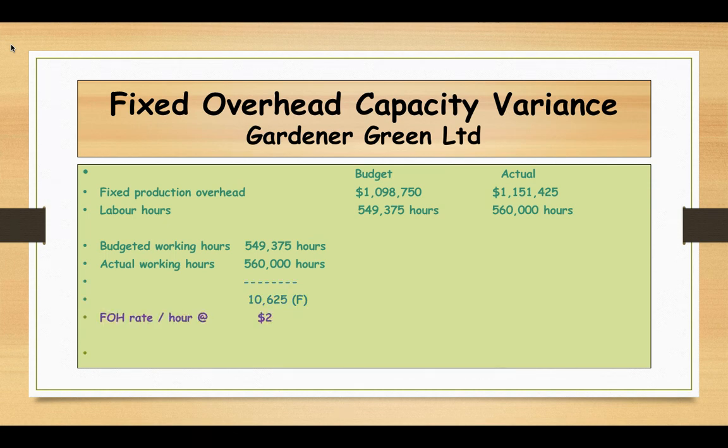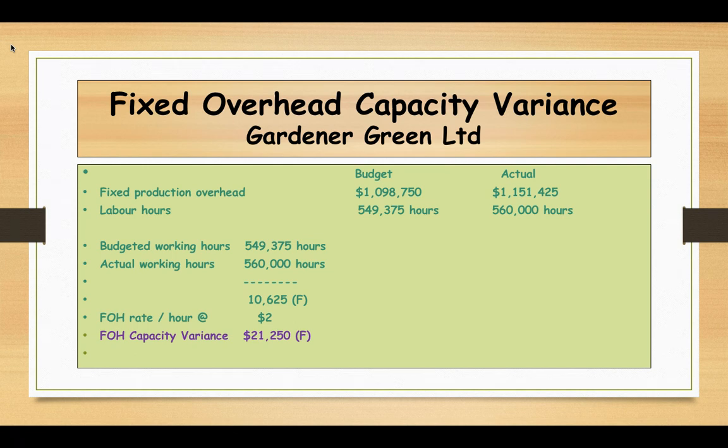Now we are going to times this by the fixed overhead rate per hour, as we know, the management is interested in money value. So we always convert these hours into money value using the budgeted rate.